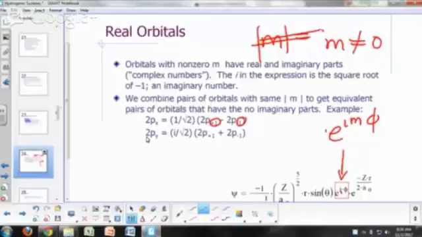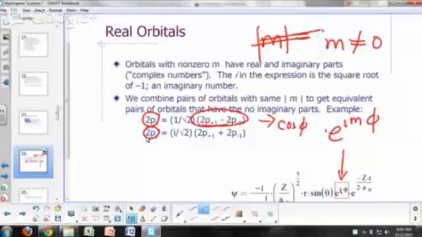If we take linear combinations of those, one case where you add the two and the other case where you subtract, then you get an equivalent pair of orbitals that will have no imaginary parts. In fact, in this particular case, instead of e to the i phi and e to the negative i phi, you end up with a cosine phi in your expression.